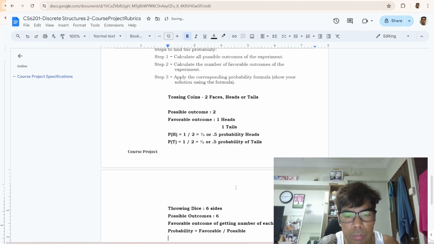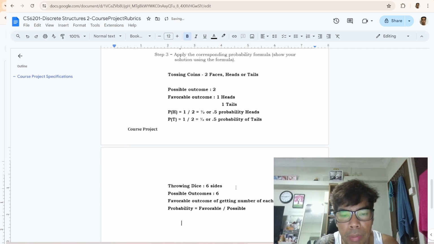For example, we want to get number 5. The probability of getting number 5 from throwing a dice is 1 over 6. So we have 1/6 probability of getting a number from a dice.